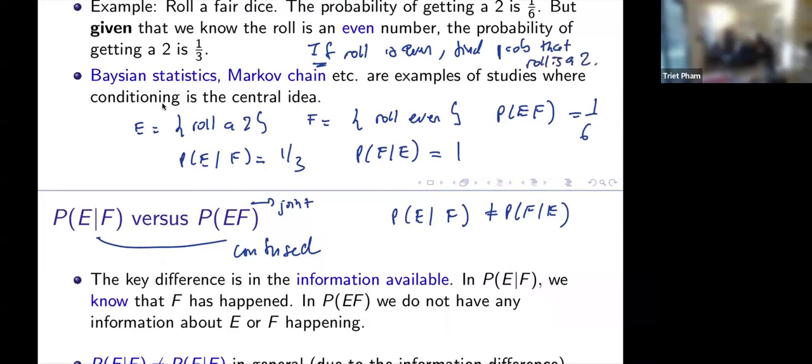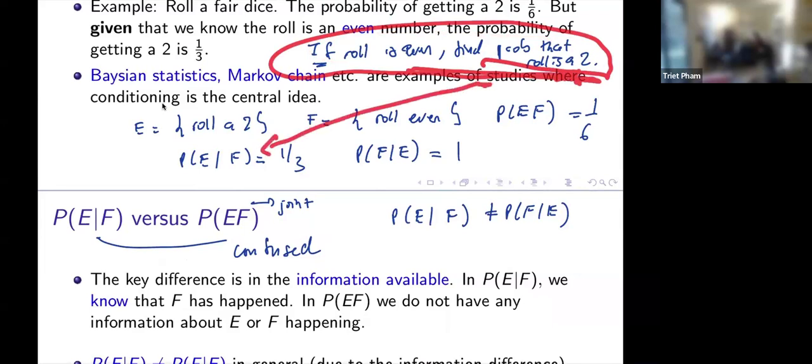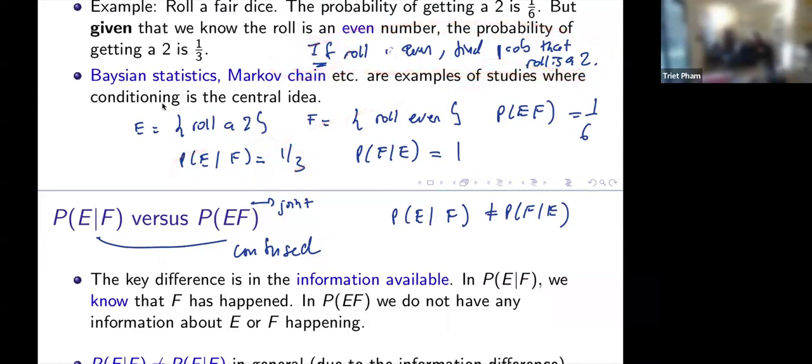Notice in a question like this, it did not even reference the word conditional anywhere in the writing. However, your task when you read this question is to translate it into P of E given F, because the word if is given here. Does it make sense? So you have to be aware of the language, that when you see the word if, even though the word here is probability, that's a conditional probability. Is that okay?